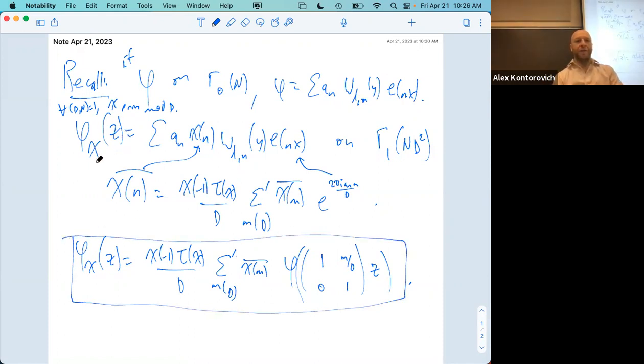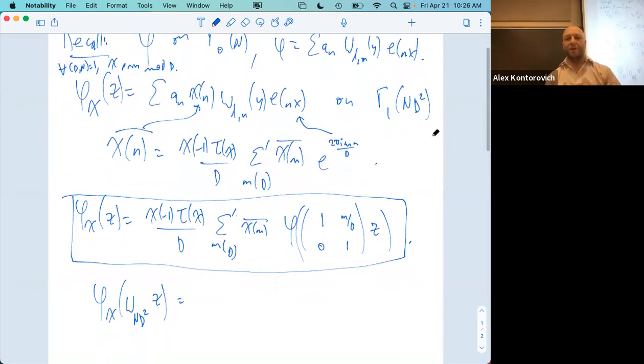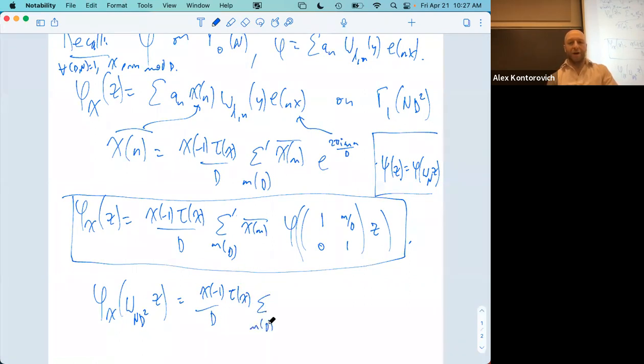Okay, so this is one formula. Then, because this phi chi is on gamma 1 of nd squared, we considered phi chi of w_n d squared z. These normalizing tricks make things perfect. Remember that we define this function psi of z to be phi of w_n z. When we did this out, we got the same beginning part, chi -1 of d, tau of chi over d, a sum over m coprime to d, chi of m bar.